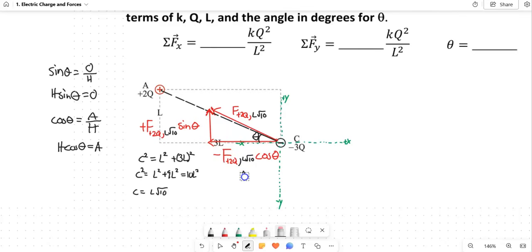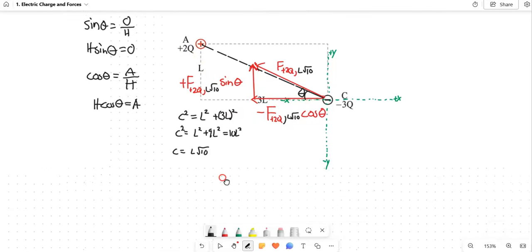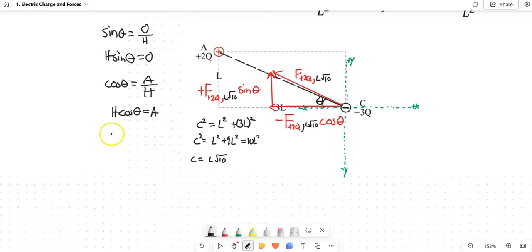Now, the last thing that we have to do is figure out what theta is. Theta is right here, and we can figure it out using distances. Theta is opposite L and adjacent to 3L. When I hear opposite over adjacent, I think of tangent. Tangent of theta is equal to opposite over adjacent, which is L over 3L.